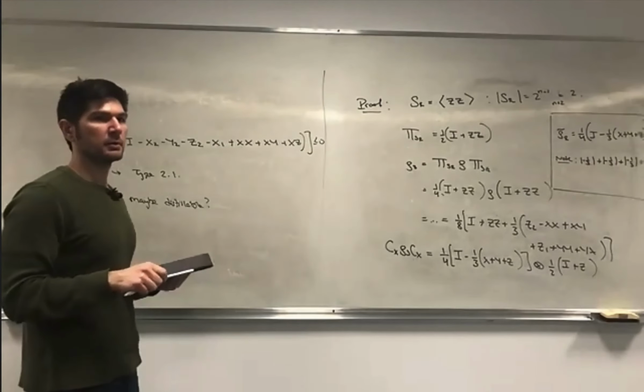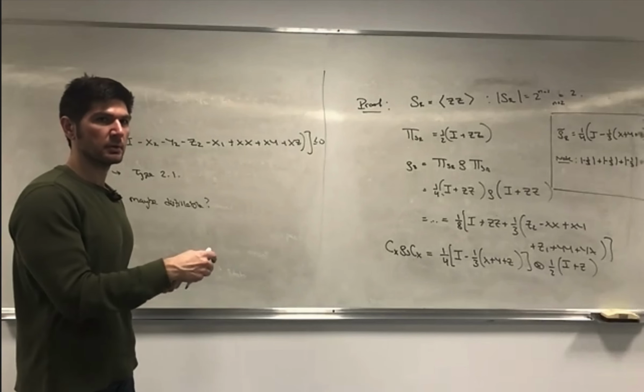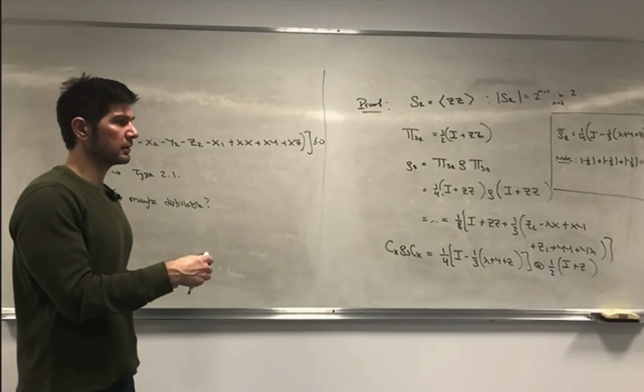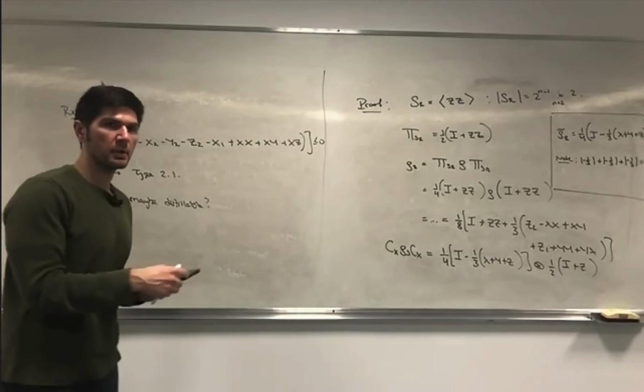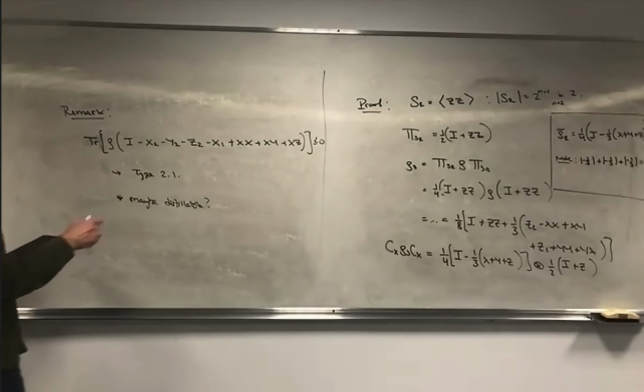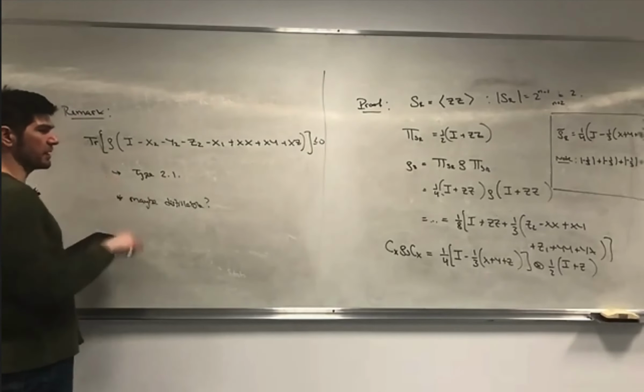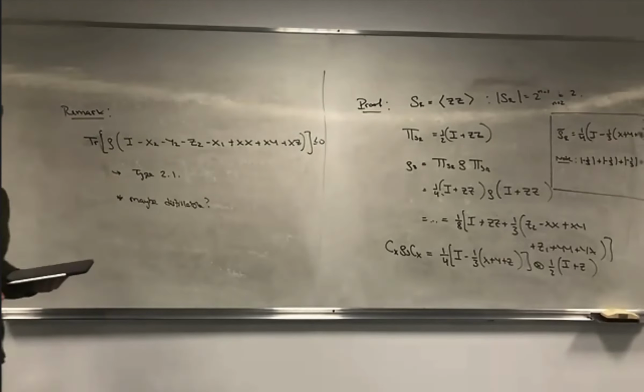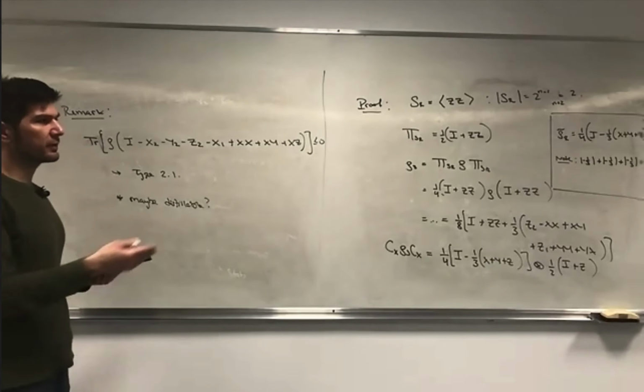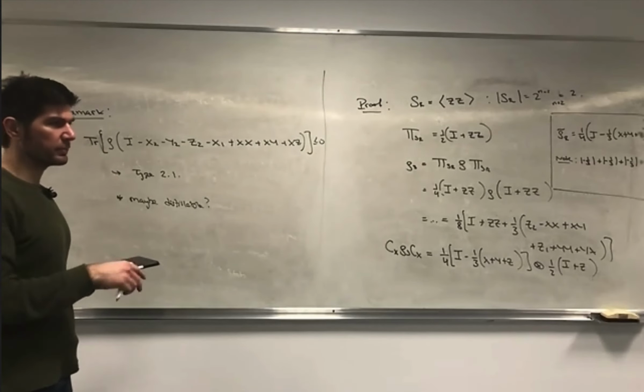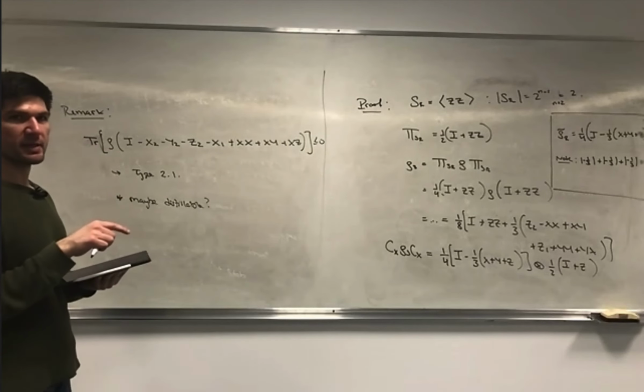Except this one, all of them are mapping into the stabilizer polytope. But this one is lying on the boundary, and he says that there's a possibility that it could be distillable. Boundary of what? The boundary of the single qubit stabilizer polytope.